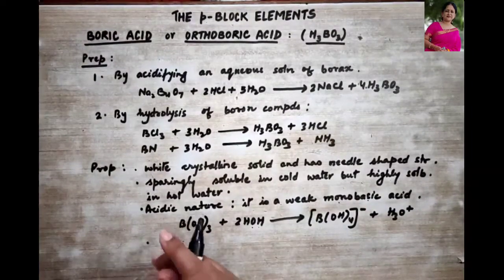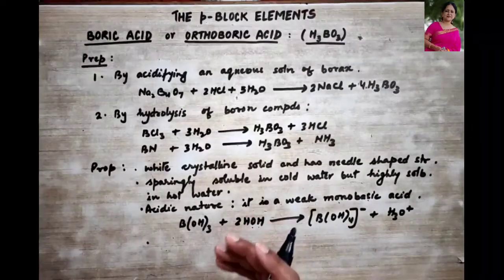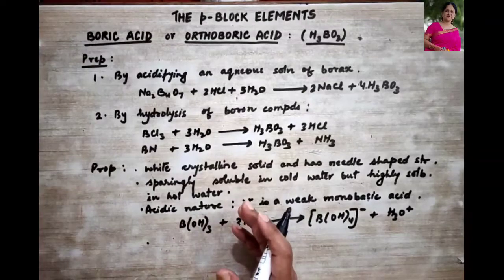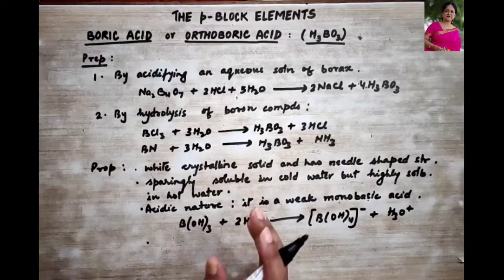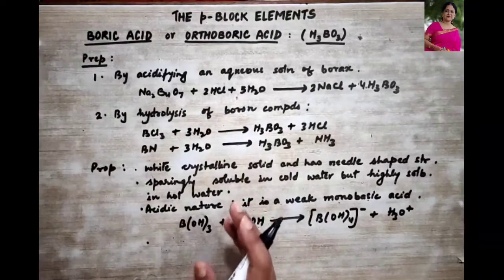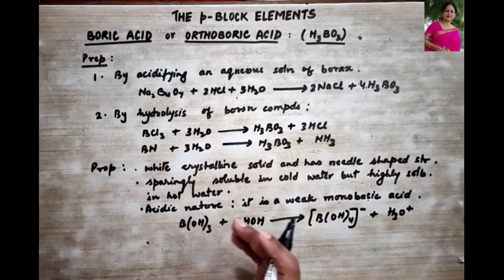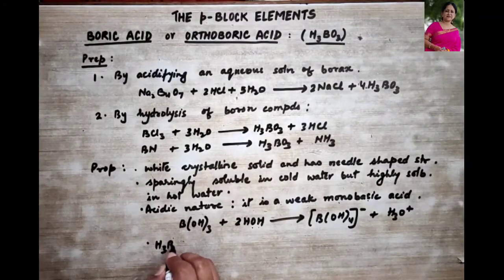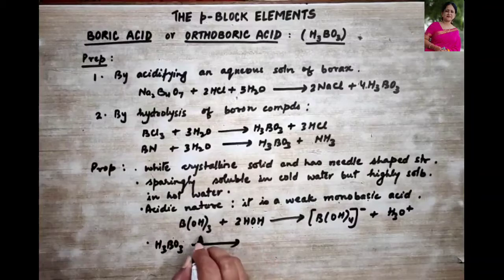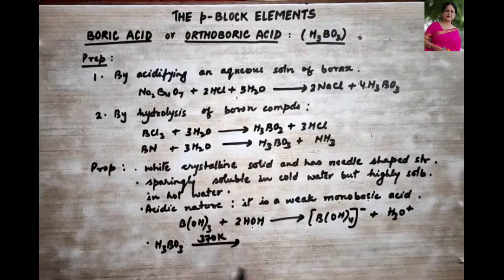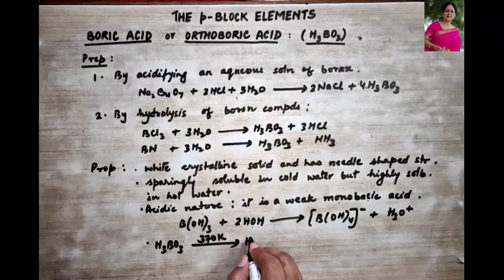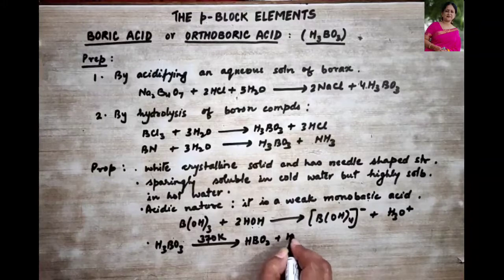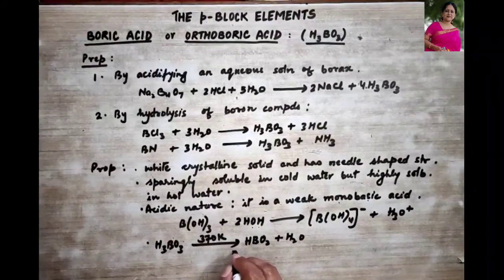Then next point, let us see on heating what it gives. On heating above 370 Kelvin, boric acid gives metaboric acid, that is HBO2 plus water.